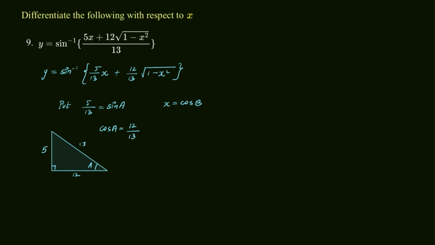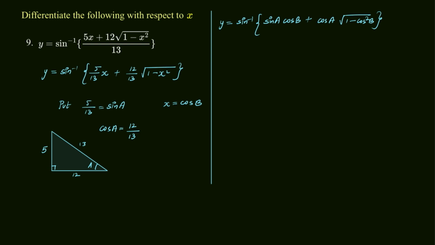That means 12 by 13 I can write as cos A. Therefore my function will be y equals sine inverse of 5 by 13, I will write sine A, and x I have considered as cos B, plus 12 by 13 is cos A, and square root of 1 minus x square, that is cos square B. So y equals sine inverse of sine A cos B plus cos A square root of 1 minus cos square B, which is sine square B.